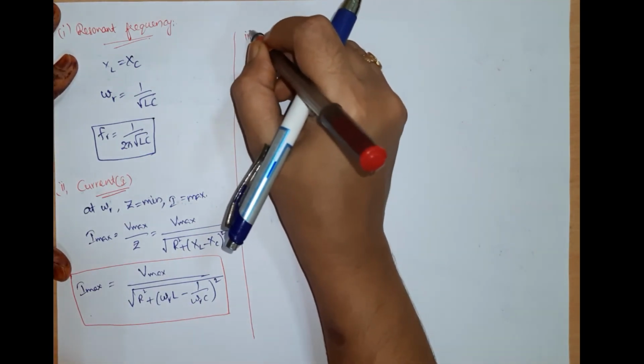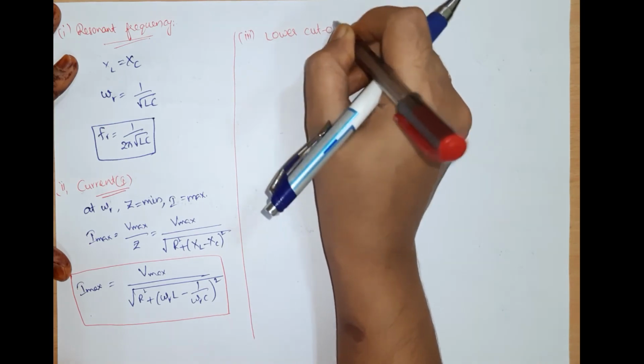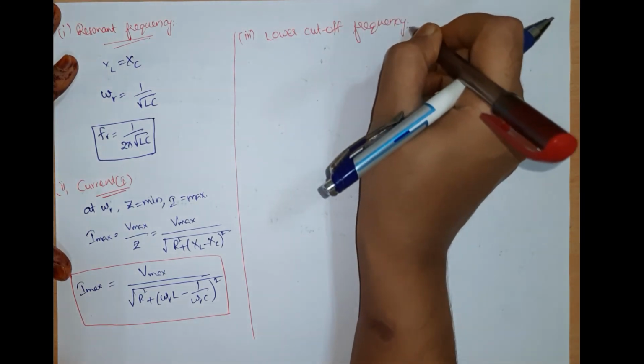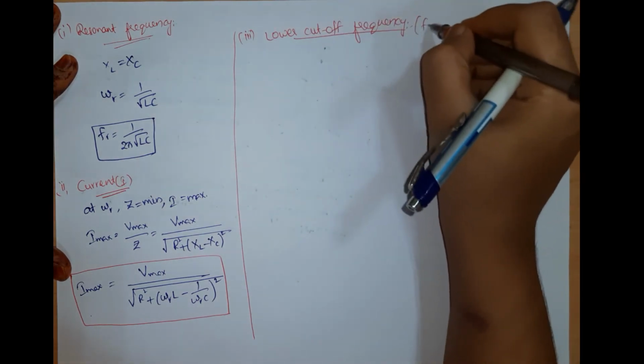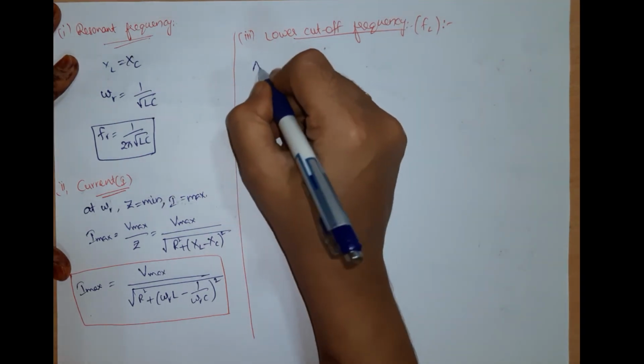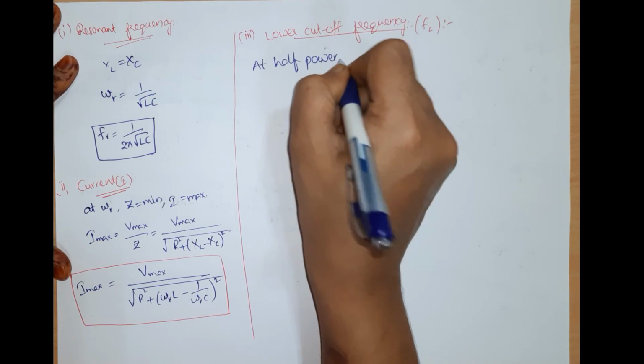So the next one is lower cutoff frequency, FL, right? This is derived at half power, according to the definition.